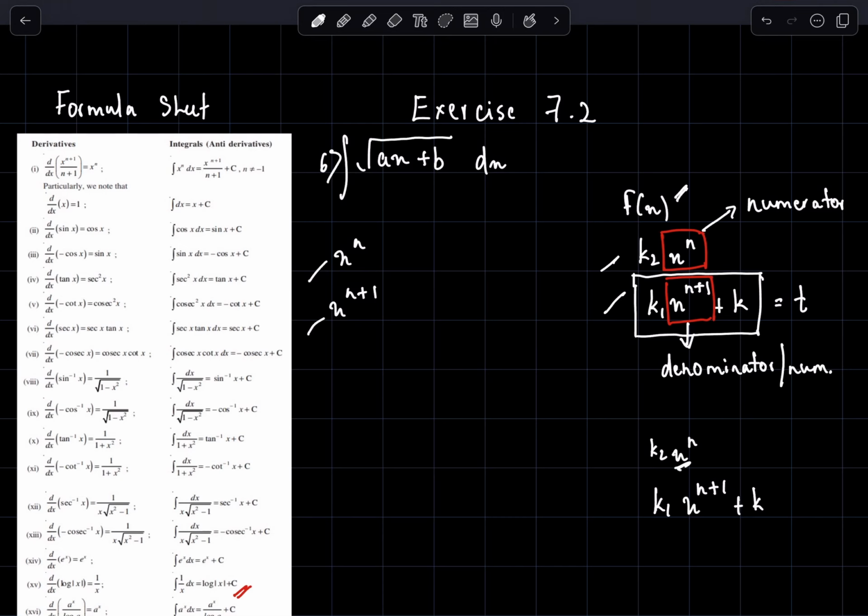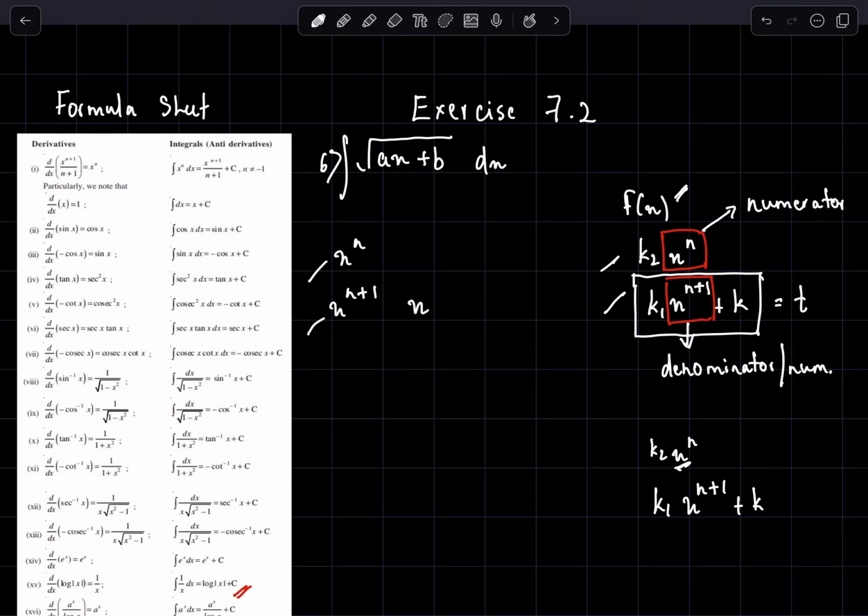Okay. So let's play the scenarios, right? If I take this as x to the power of n, then my x to the power n plus 1 must be x squared. Do I have an x squared anywhere in the equation? No. Okay, good. So that failed. Now, what if I take x as x to the power n plus 1?